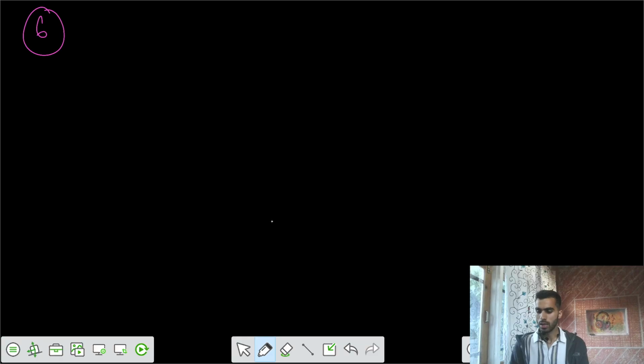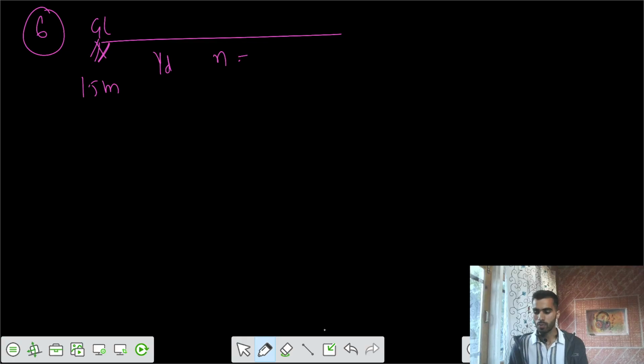Number 6. So we have that soil profile. The groundwater table and ground level are there. There is 1.5 meters. Gamma dry can be calculated by n, the porosity of the soil, with specific gravity 2.7, for the 1.5 meter layer. Then a 1.8 meter layer is also there.